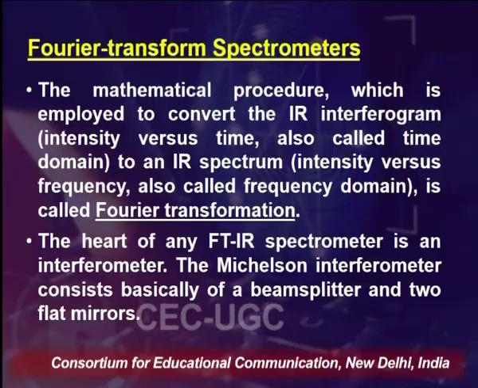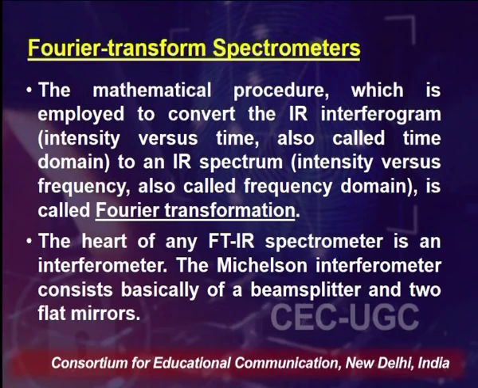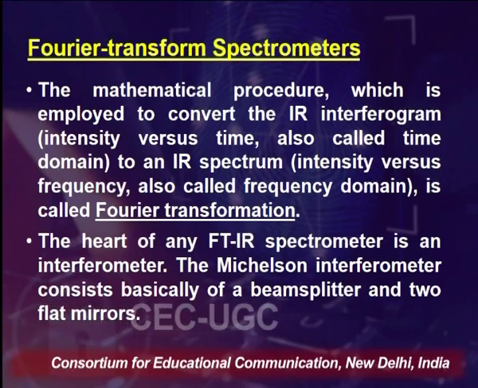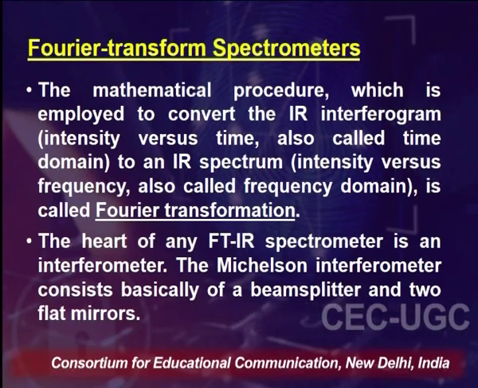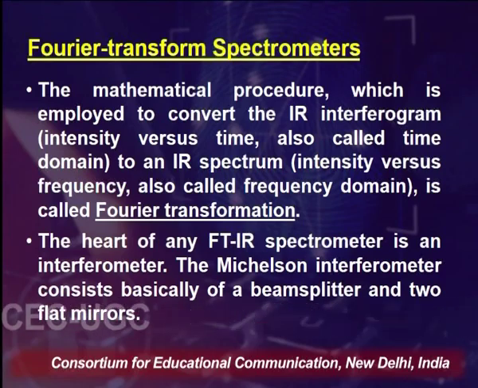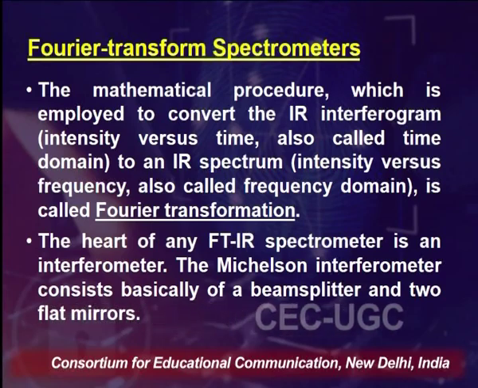The Fourier transform spectrophotometer is basically the mathematical procedure employed to convert the IR interferogram, that is intensity versus time, also called time domain, to an IR spectrum, intensity versus frequency, also called frequency domain. This is called Fourier transformation.